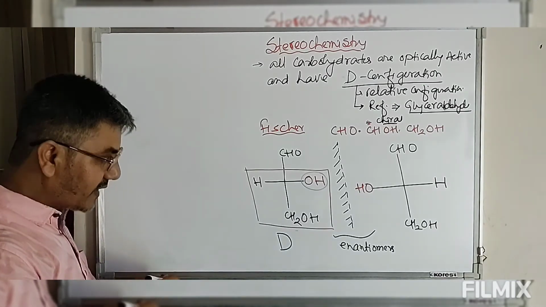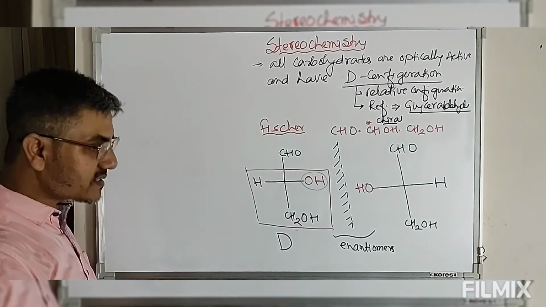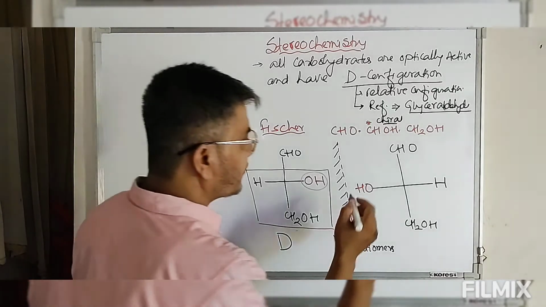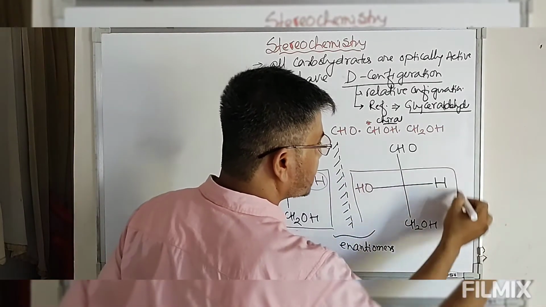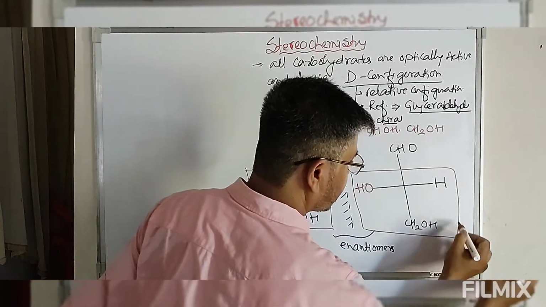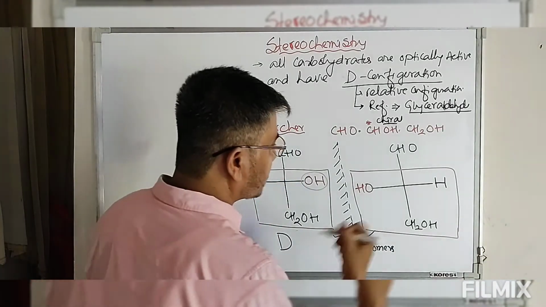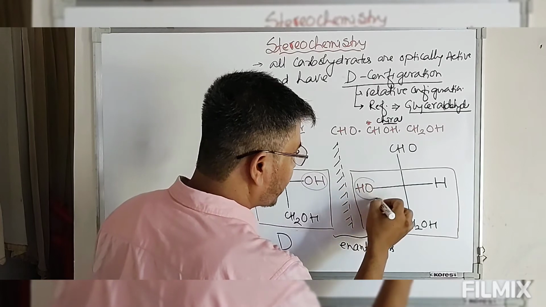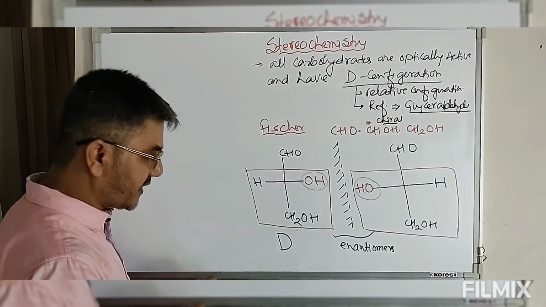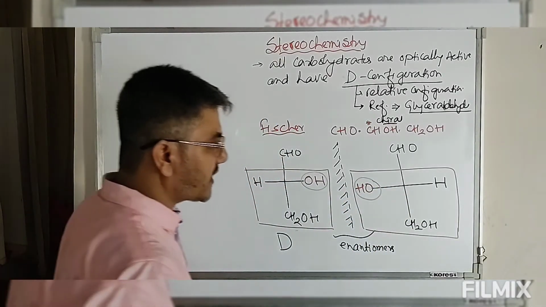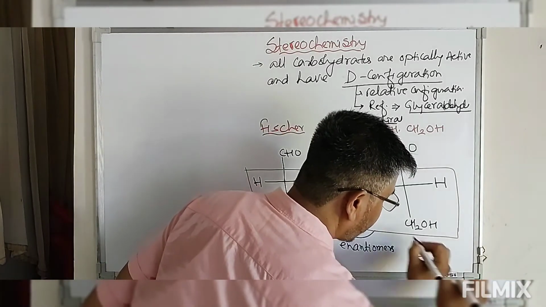form. On the other hand, its mirror image is the one in which the OH is placed on the left hand side. So in this particular form, OH is on the left hand side, and this isomer is known as the L isomer.